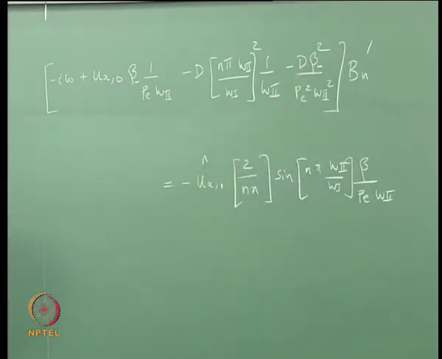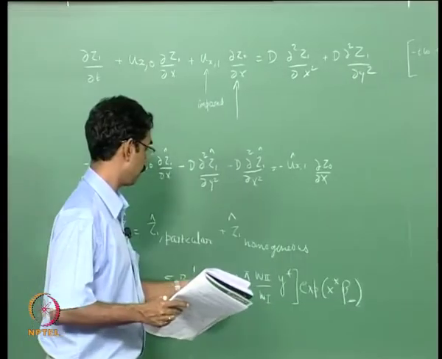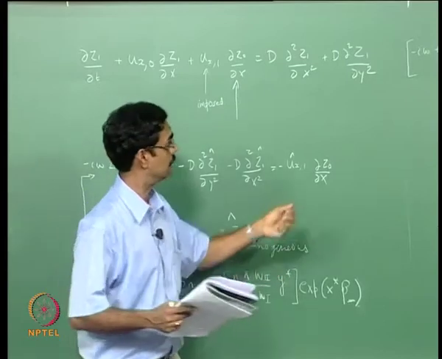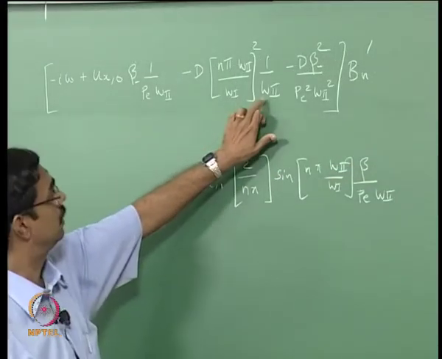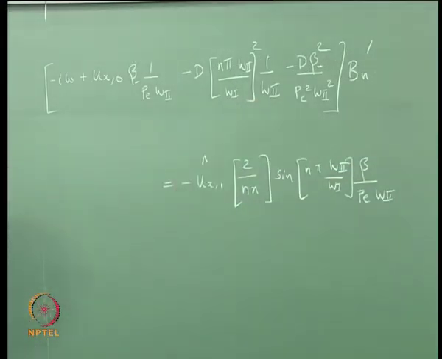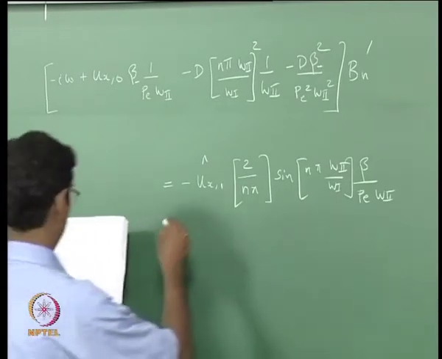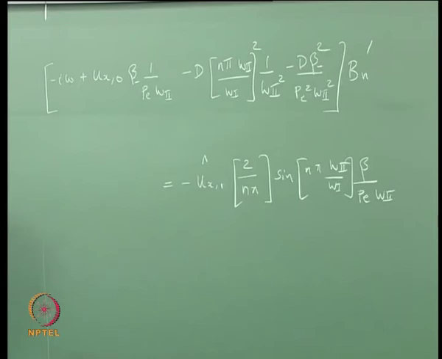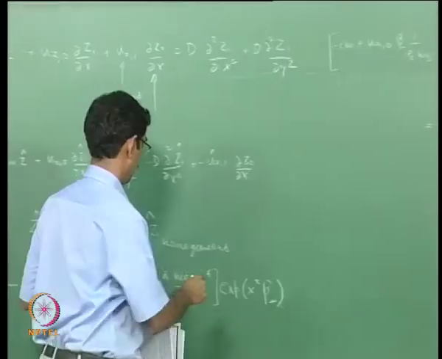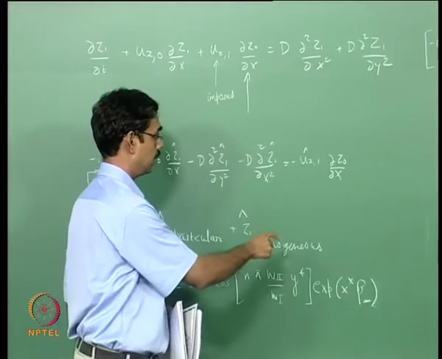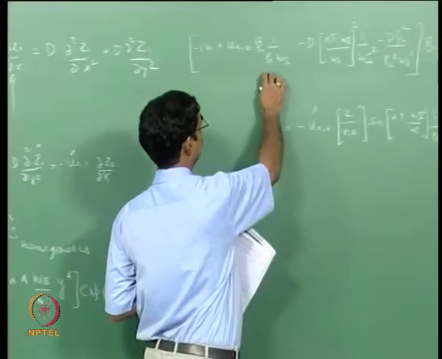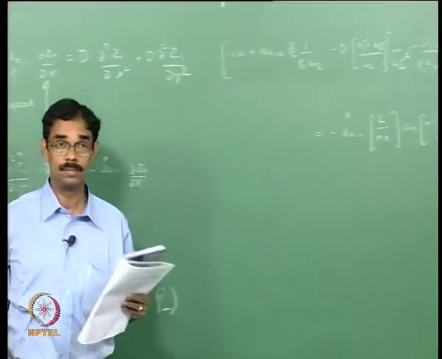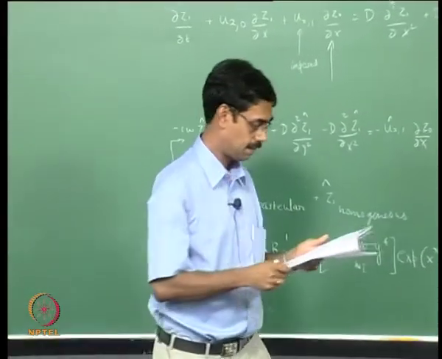And when we differentiate with y, this is actually y star, so you have to put this term 1 over W2 squared. And when we differentiate with x star, x star is x divided by this, so that extra term comes. I hope that is clear. So it is just straightforward algebra.